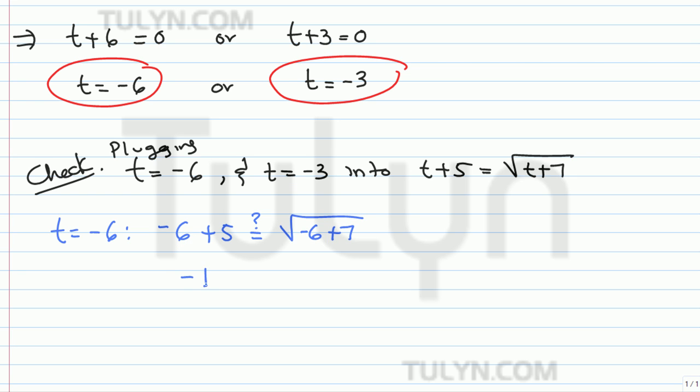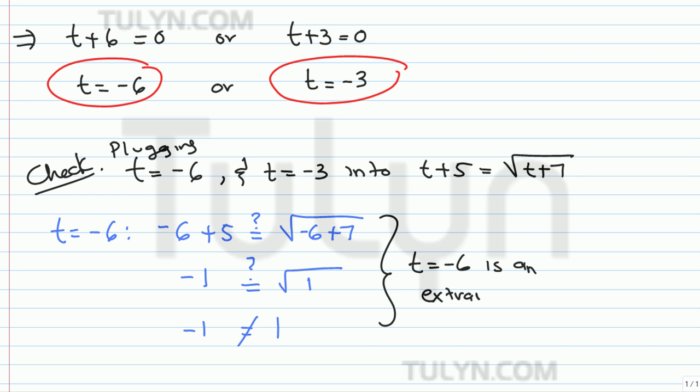Minus 6 plus 5 is going to give us negative 1, and we want to check to see if that's equal to the square root of minus 6 plus 7, which is 1. So the square root of 1 is 1, and negative 1 is not equal to 1. So the conclusion here is that t equals negative 6 is what's called an extraneous solution. Again, it's just a solution that we found through the regular means, but it doesn't satisfy the original equation.